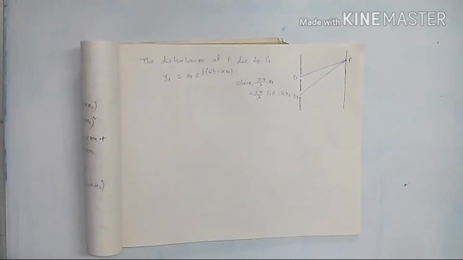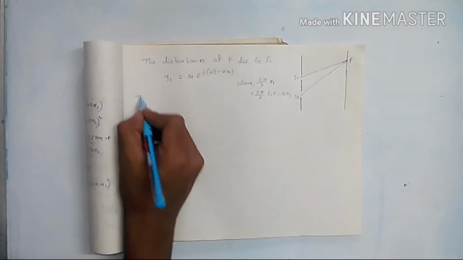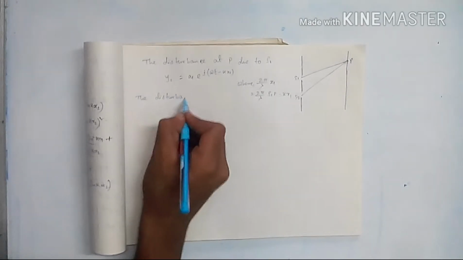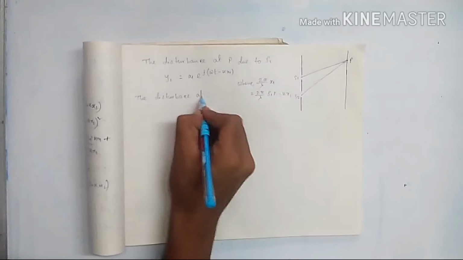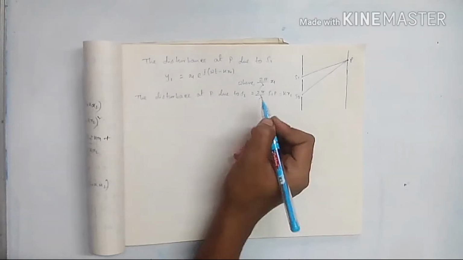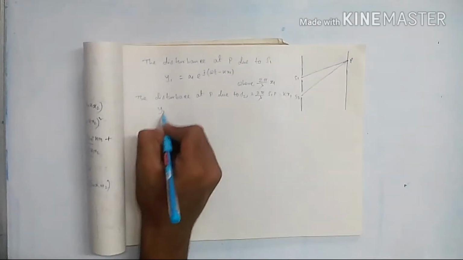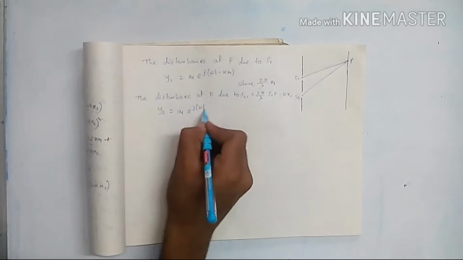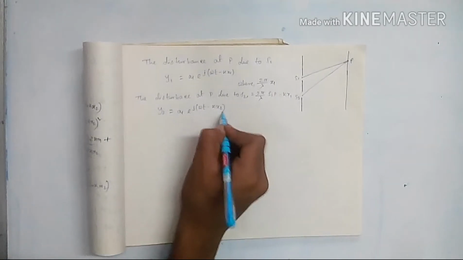Okay, so the next step is the disturbance at P due to S2, and this is y2 equal to A1 e to the power j(omega t minus kx2).